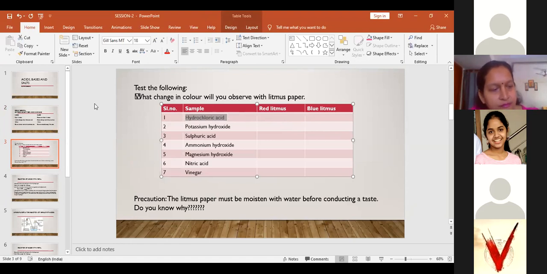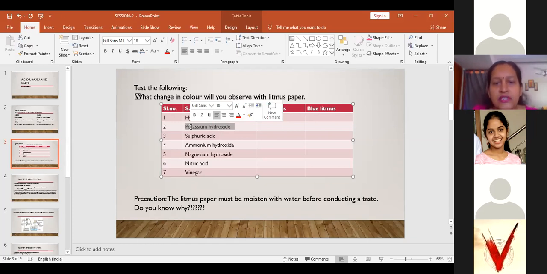Ma'am, when red litmus is dipped in hydrochloric acid, there's no change in color. When blue litmus paper is dipped in it, it turns red. Yes, Maisha, absolutely correct. Next comes potassium hydroxide. Sarvajit, can you tell me what will be the change in litmus paper for both red and blue for potassium hydroxide?